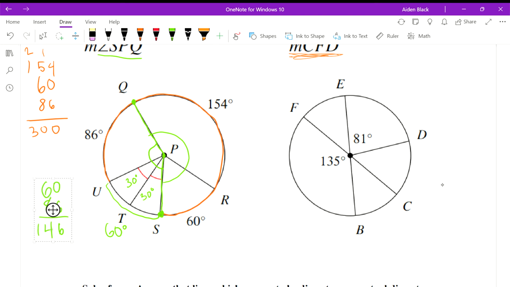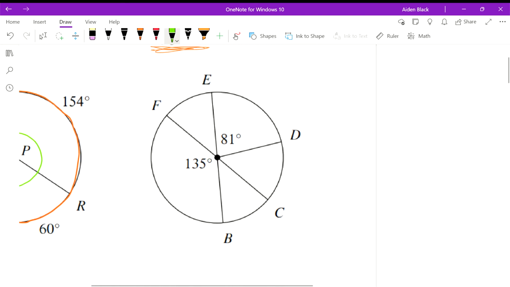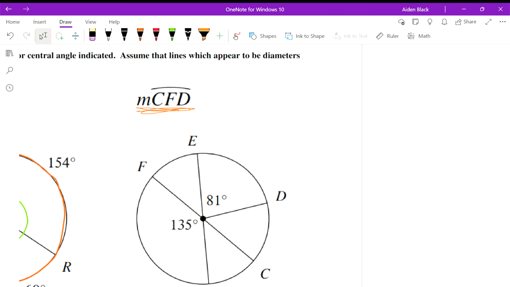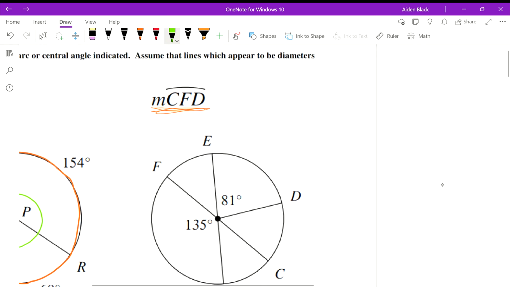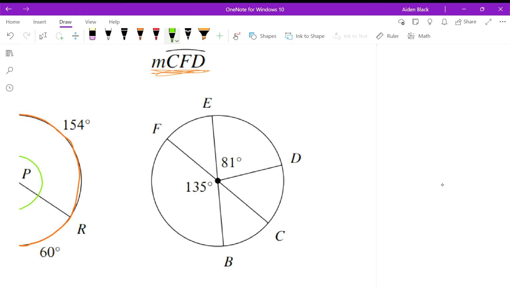Let's look at this one now. What's nice in this one, assume that lines which appear to be diameters are actual diameters. So if you look right here, this appears to be a diameter, so we can assume it is a diameter.